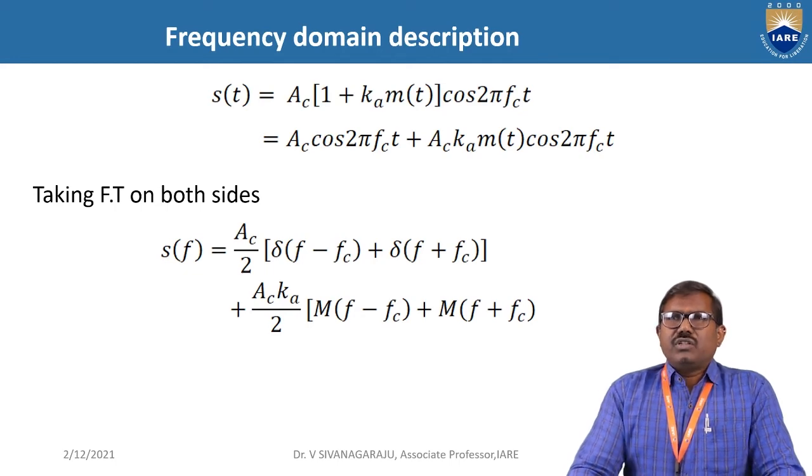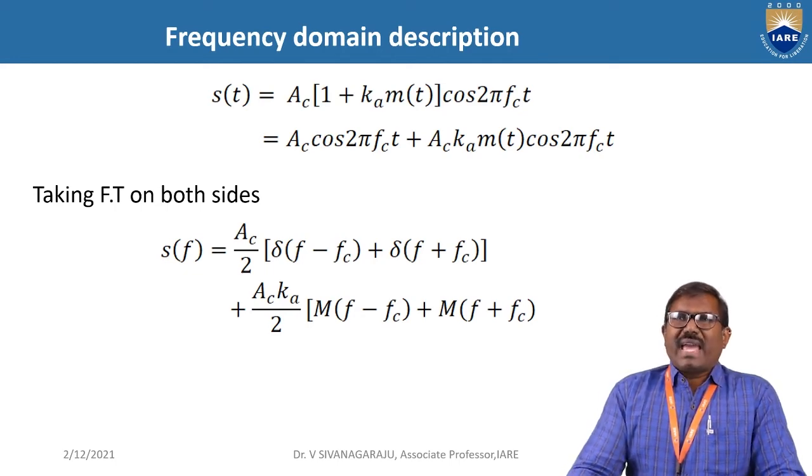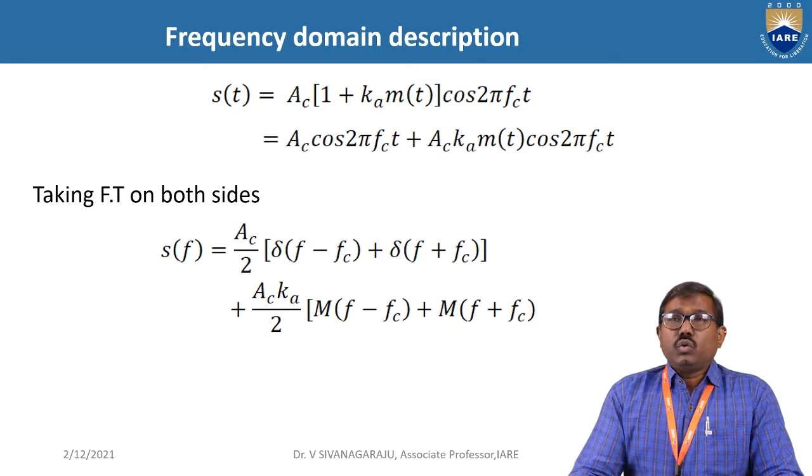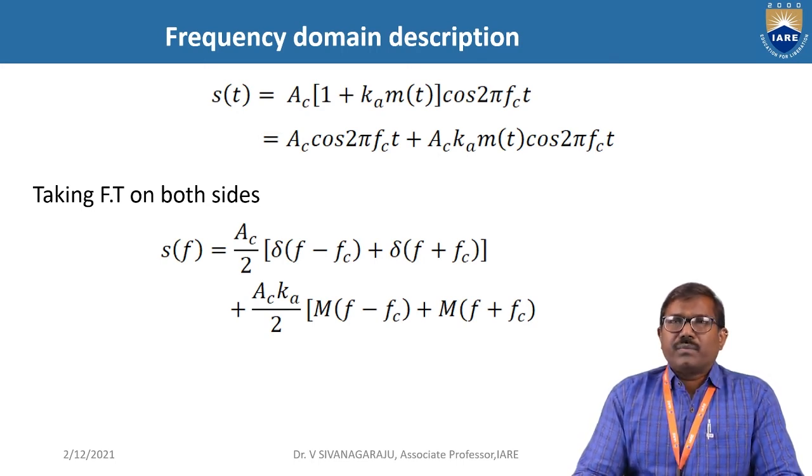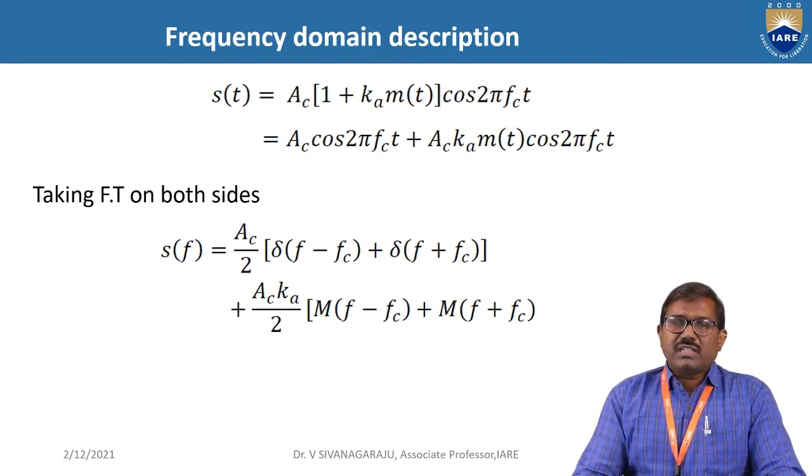So in the frequency domain description, what is s of t? s of t is the amplitude modulated wave. It is in the time domain, t represents time domain. So we convert this time domain into the frequency domain. s of t is equal to Ac of 1 plus Ka m of t, multiplied with cos 2 pi fc t.